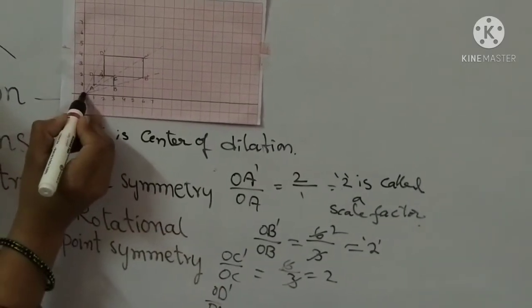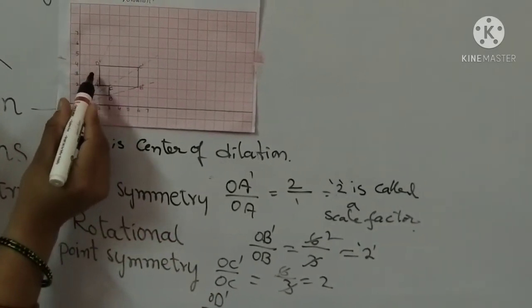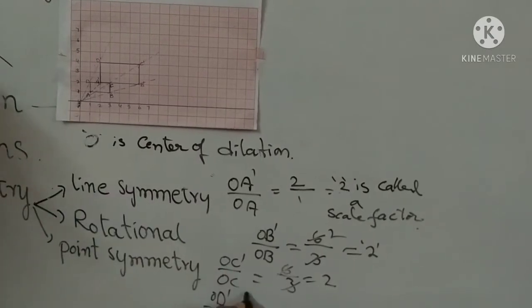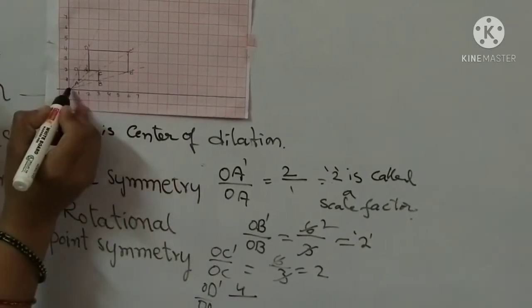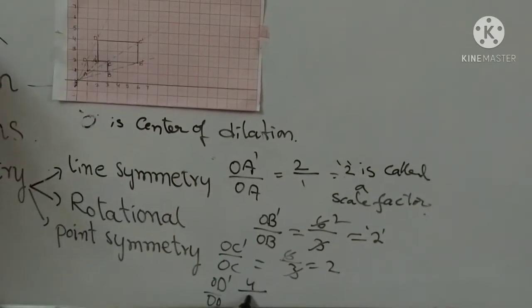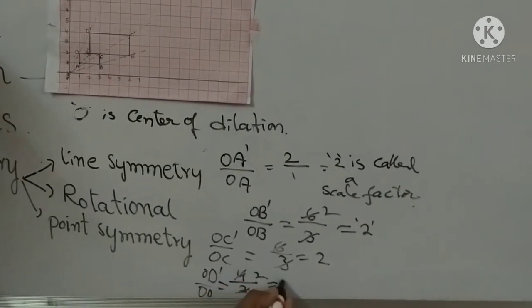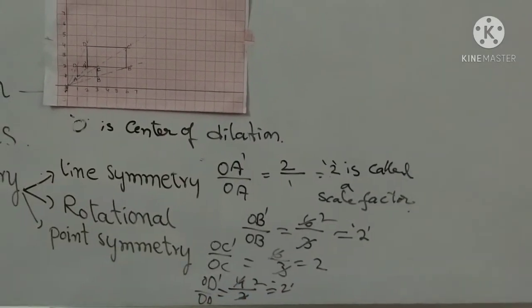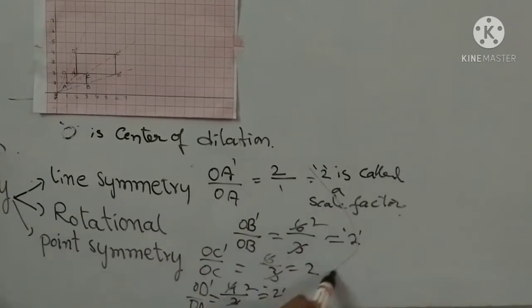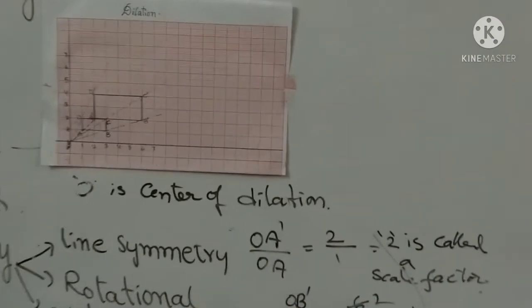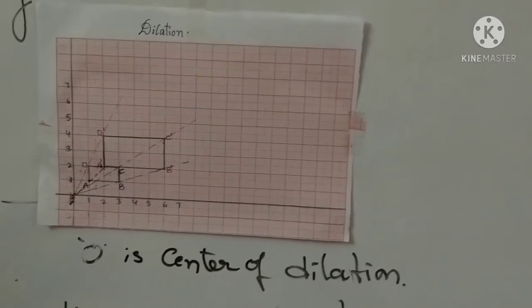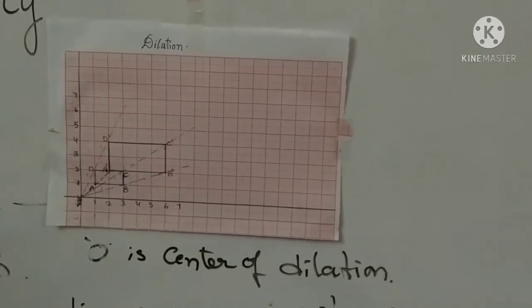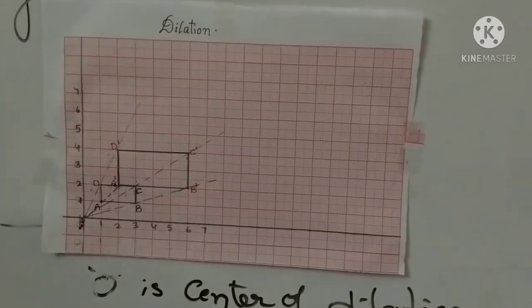OD dash is 1, 2, 3, 4, and OD is 1, 2, so 4 by 2, two 2s are 4. It is also the same 2 units. So the scale factor is 2. Okay children, did you understand? It is a dilation of figures.